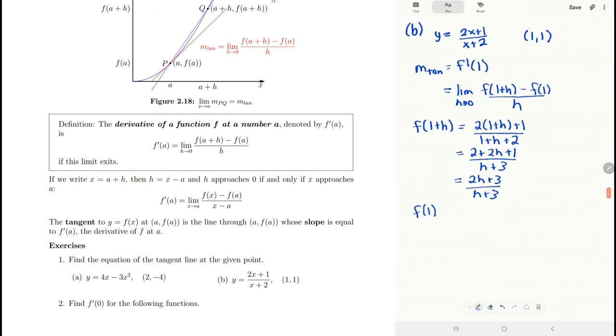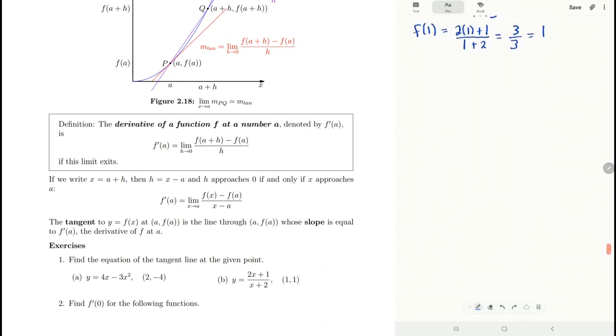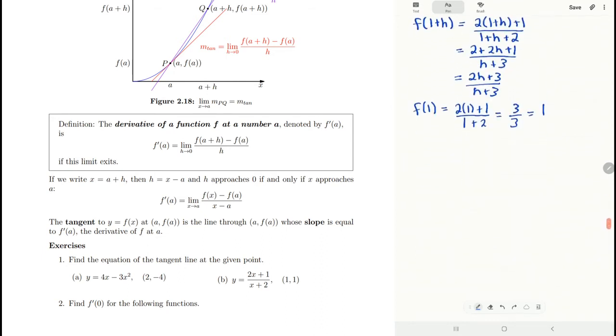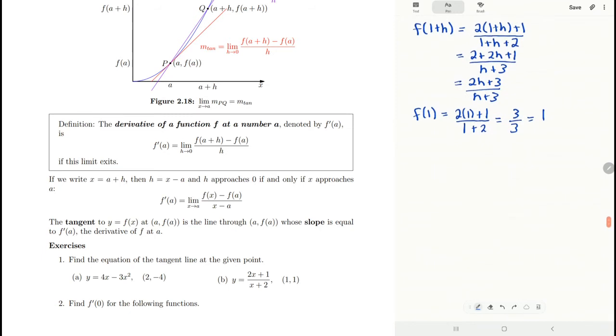Next, we'll look for f(1). So this is (2 times 1 + 1) all over (1 + 2), which is 3 over 3, which simplifies to 1. So now we can determine the slope of the tangent line.